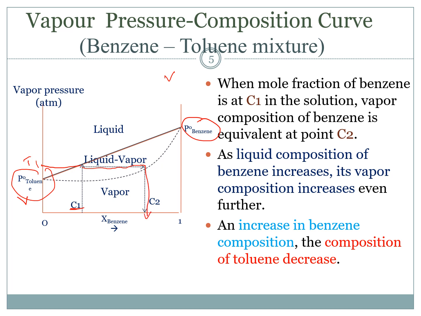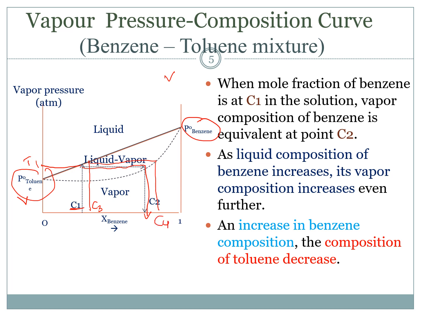As the liquid composition of benzene increases, its vapor composition increases even further. So for example, liquid at C3 boiled at this temperature will give you vapor composition at C4.